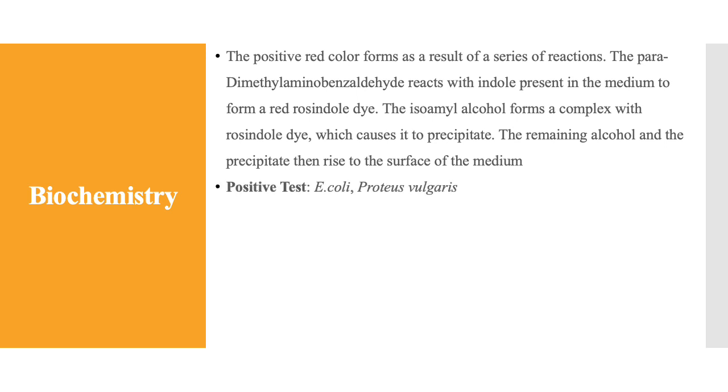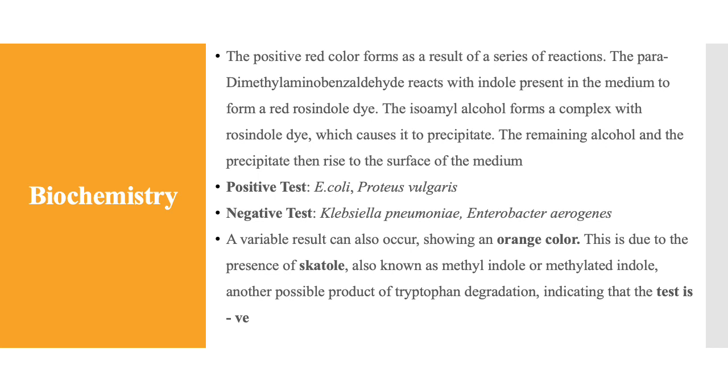Now we shall see which organisms give indole test positive. Friends, E. coli and Proteus vulgaris give indole production test positive, whereas Klebsiella pneumoniae and Enterobacter aerogenes do not give indole production test positive. Sometimes variable results can also occur, showing the presence of orange color in the test tube.